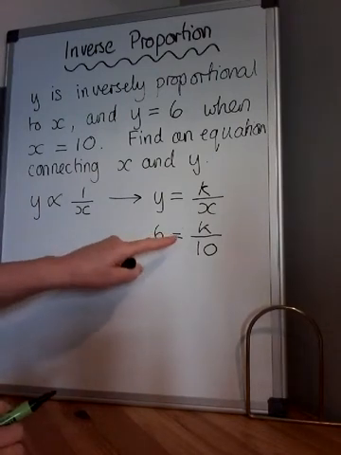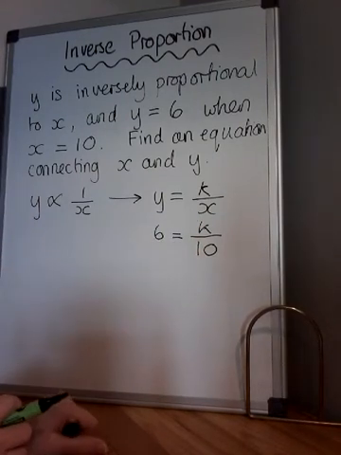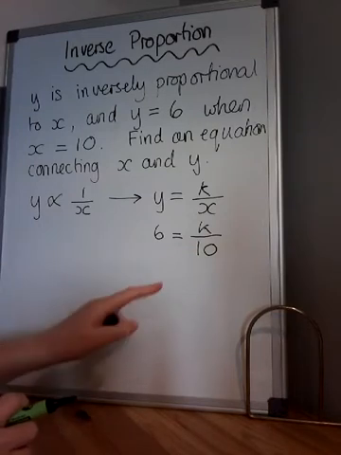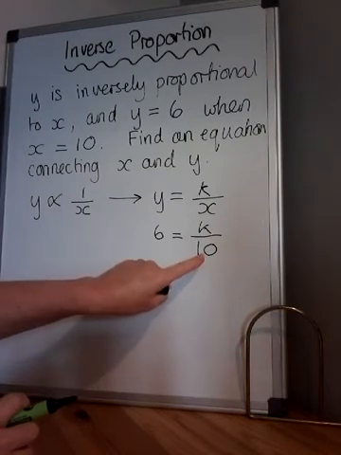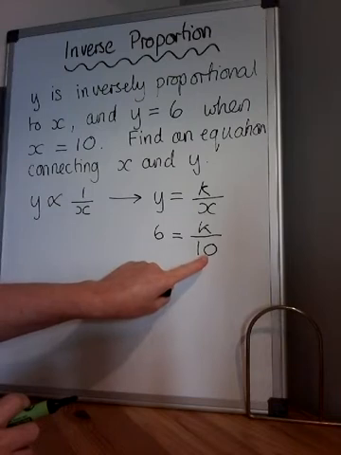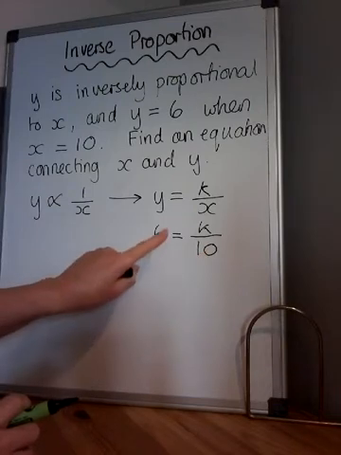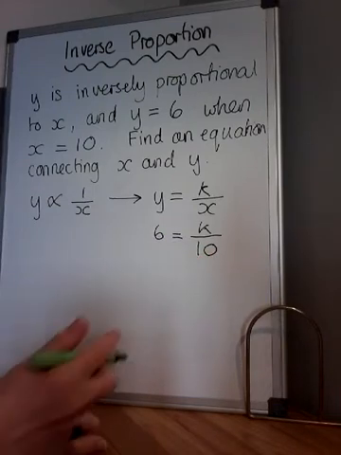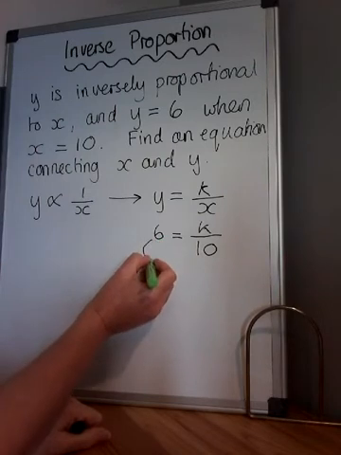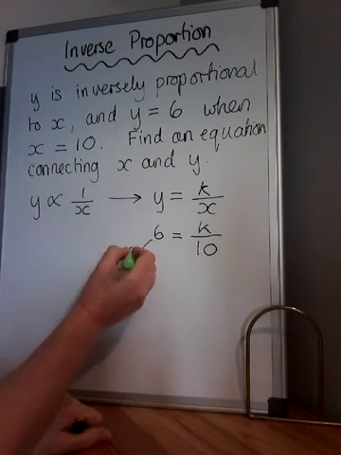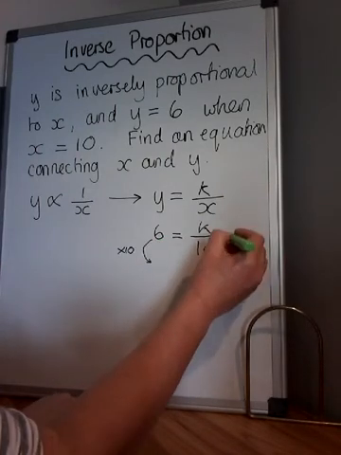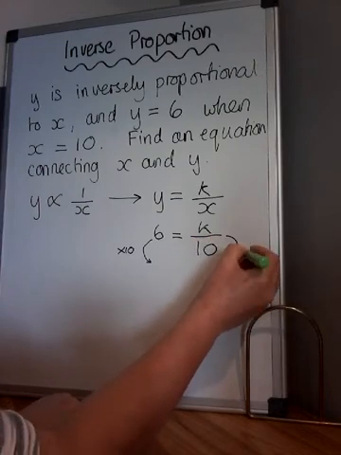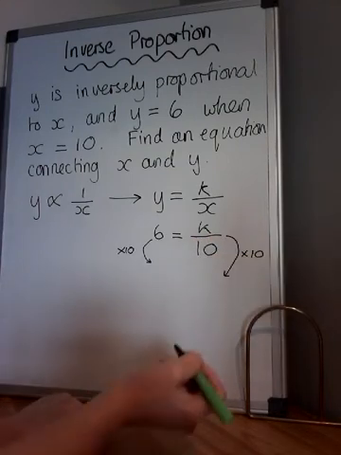So 6 is equal to something divided by 10. We need to do the opposite or inverse of divide by 10, which is multiply by 10. So if we multiply both sides by 10, we're going to end up with 6 times 10 on this side, and we'll see what we end up with on that side.